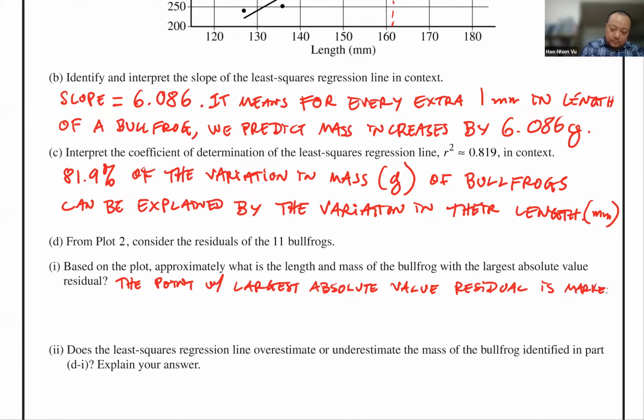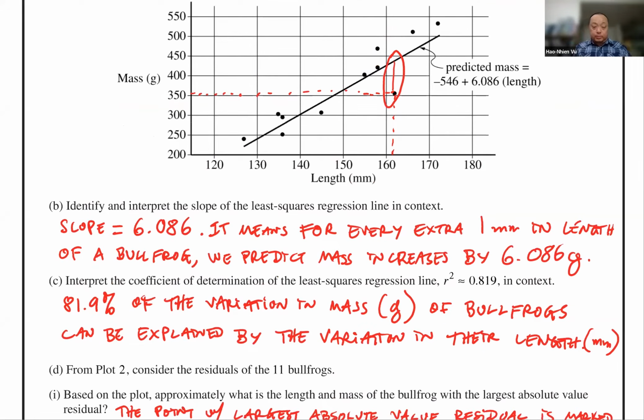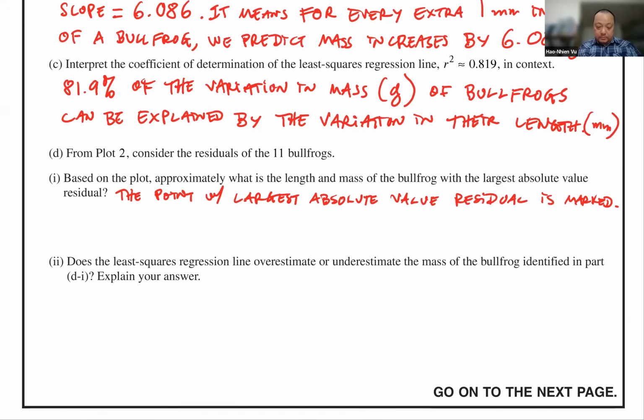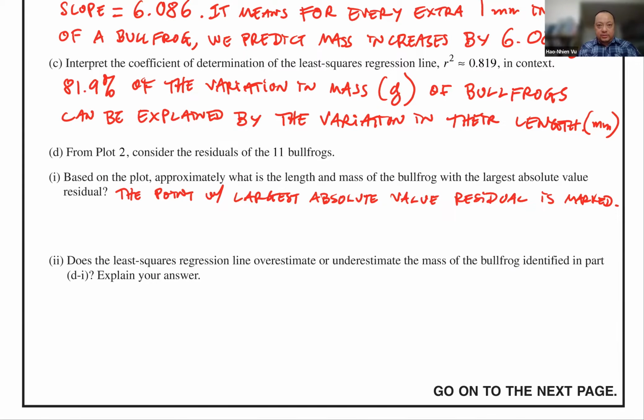I'm going to write down that I marked the point with the largest absolute value residual. Why? So that if I mess up somewhere else, maybe I'll get some partial credit for finding it. Hashtag testing skills. Collect partial credit.